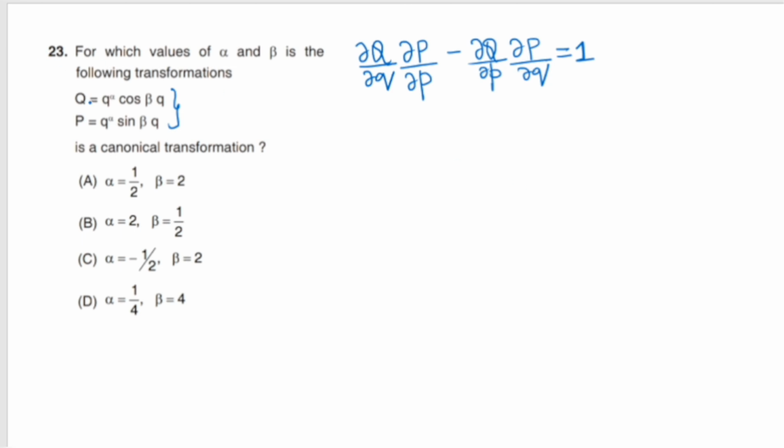So they have given a Q and a P as well as p. So first we shall do the partial derivatives. Partial derivative of Q with respect to small q, what will we get? Alpha into q to the power of alpha minus 1, right?